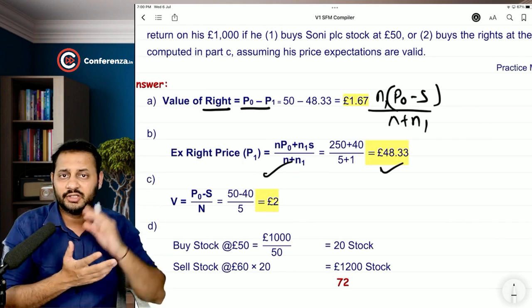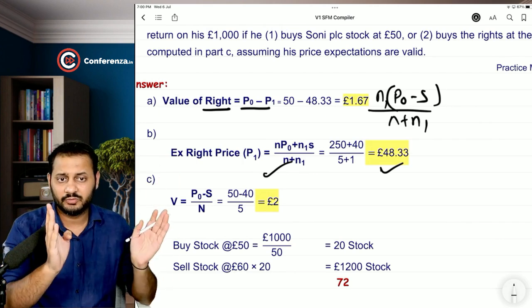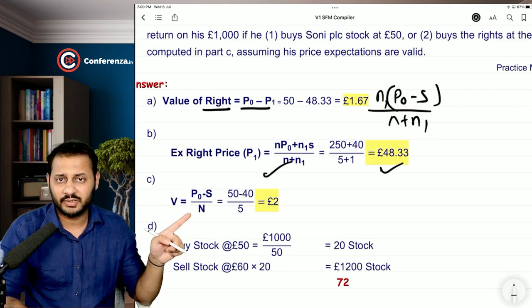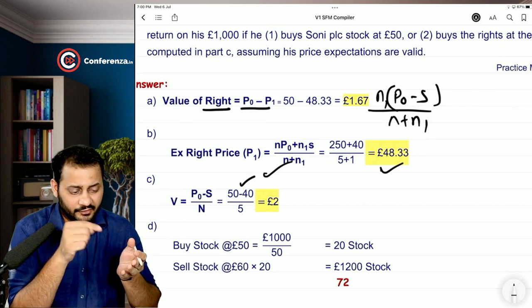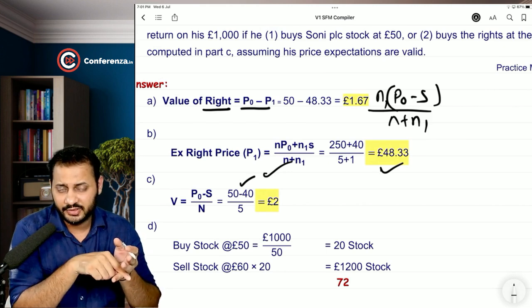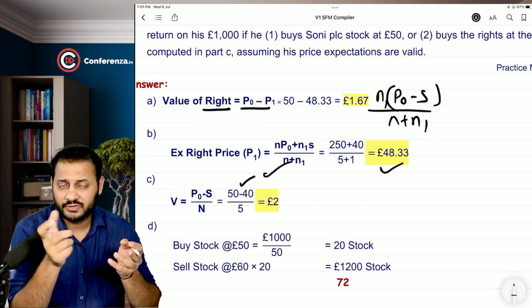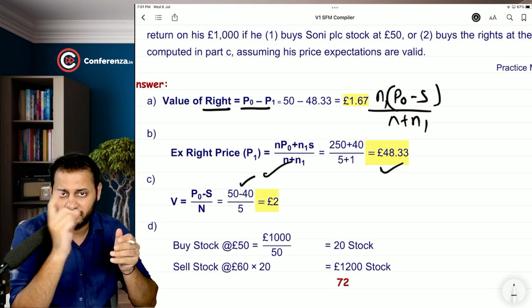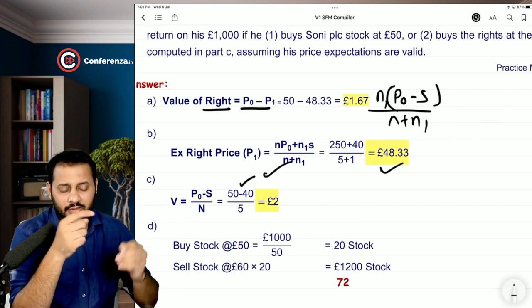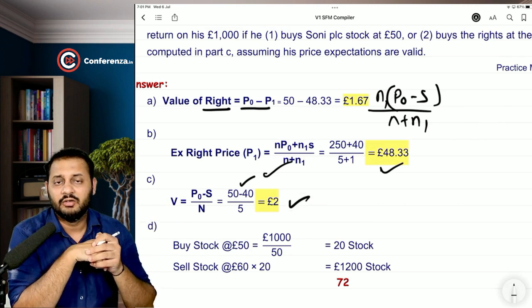We cannot put 0 in the numerator. So remove it from the formula and it will become like this, P0 minus S by N1. So the total loss is 10 rupees right now. The 50 share is selling at 40 rupees. So the total loss is 10 rupees, which will be borne by the 5 shares in total for one right. So value of the right becomes £2.